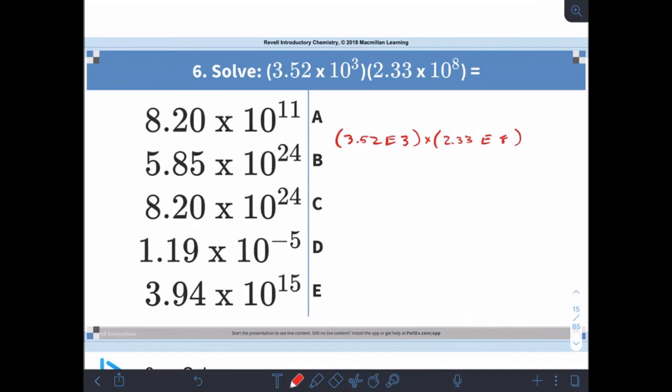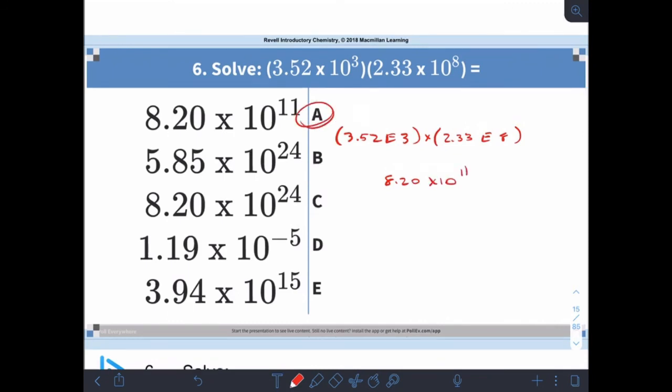And hopefully your calculator gave you the correct answer in scientific notation of 8.20 times 10 to the 11. Answer is A.